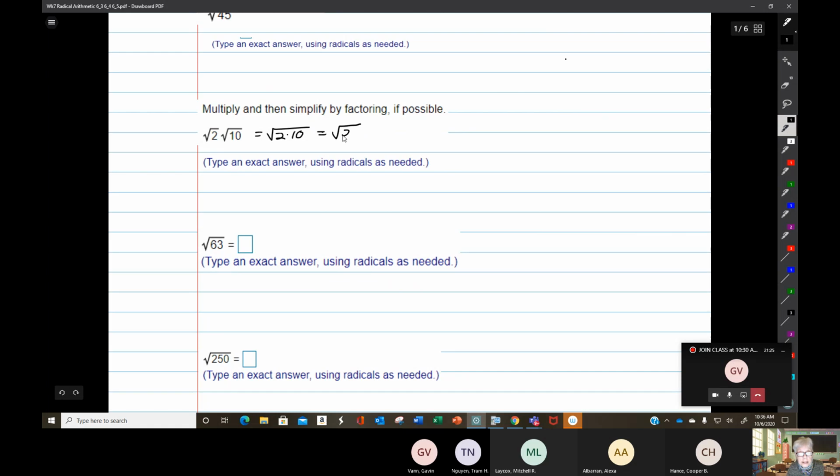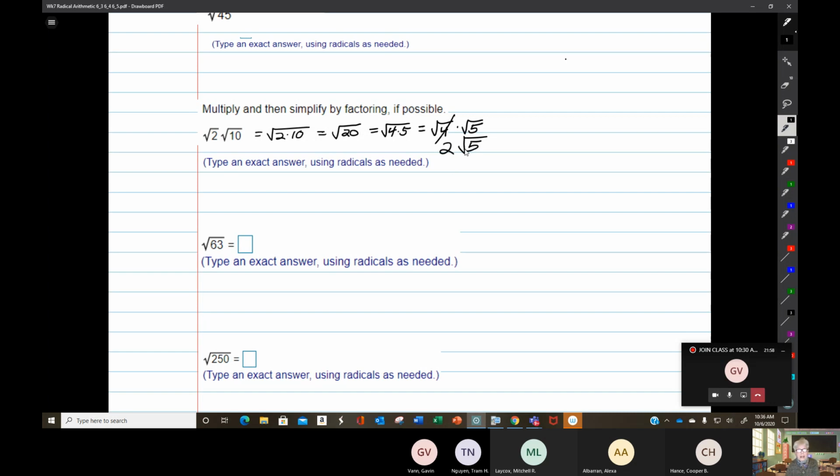But doggone it, if we didn't already do the square root of 20, and we know that this is the square root of 4 times 5, which is the square root of 4 times the square root of 5. Well, the square root of 4 equals 2 outside the radical, so your answer is going to be 2 times the square root of 5.